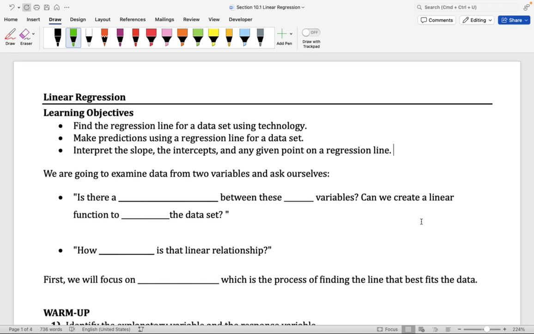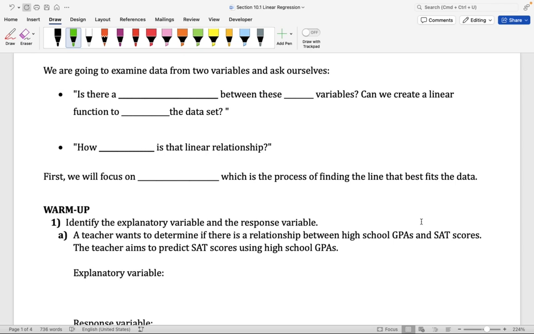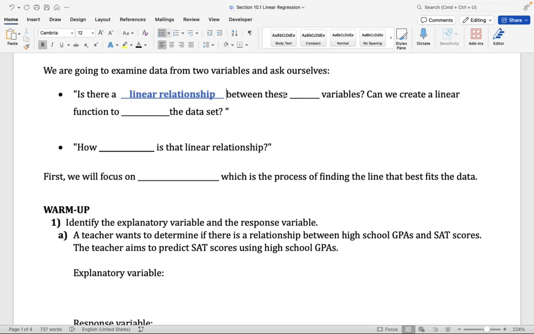Let's start by highlighting the main questions that we're going to be asking ourselves when we talk about regression lines. We're going to examine data from two variables, and we're going to ask ourselves, is there a linear relationship between these two variables? And we're also going to ask ourselves, can we create a linear function to model the data set? Another question that we're going to be asking ourselves is, how strong is the linear relationship?